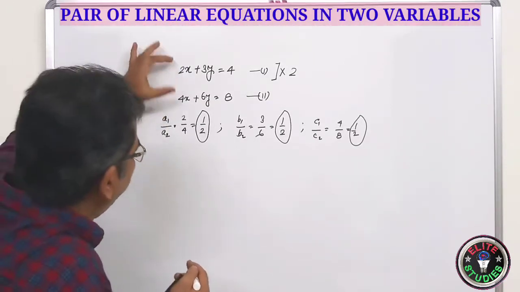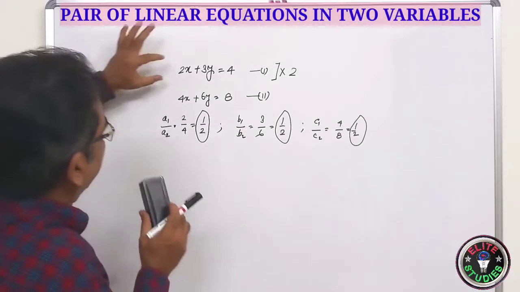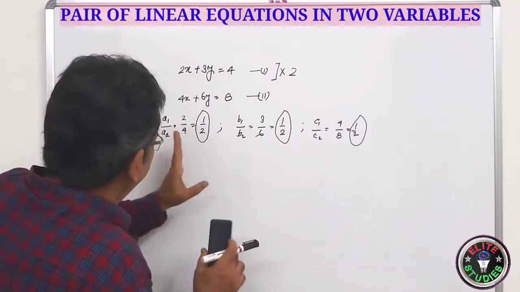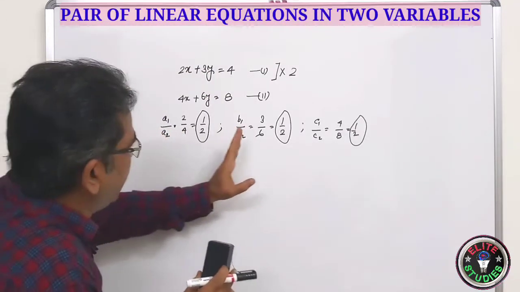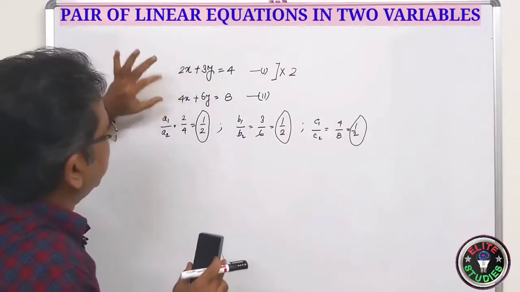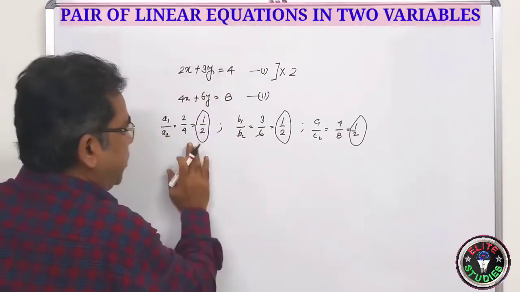These are two equivalent equations only. So in such type of equations, if a1 by a2, b1 by b2, c1 by c2 are equal, this means this has been derived from this, because it has been multiplied by 2. This is the condition.